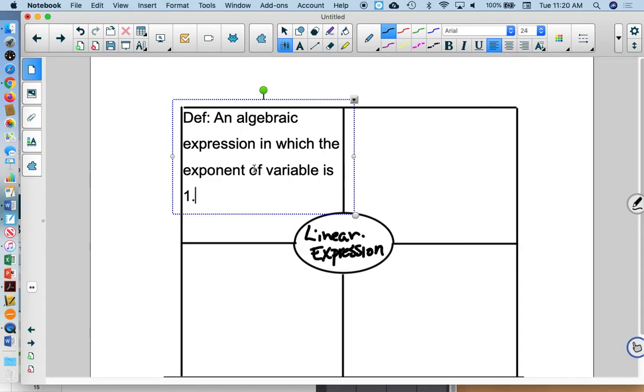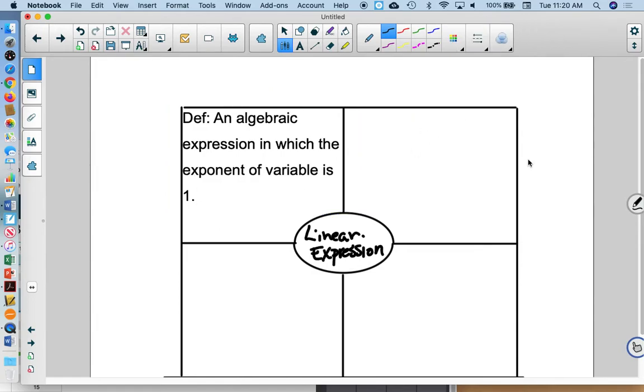Making sure we got that. Okay, let's get some examples. This is when I have to write it because I can't do all the superscript very well. Example. Negative 7x. That is a linear expression. 2x plus 3. That is a linear expression.